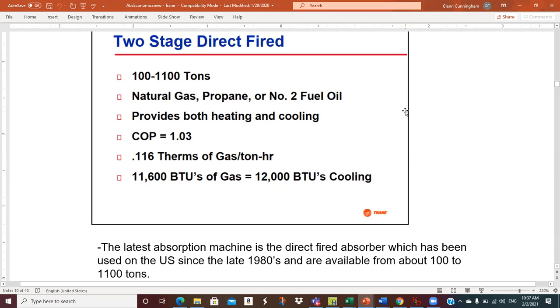But this number 6 stuff, they're not going to design one of these for number 6. I think the temperature is about 175 degrees. So all of your pipes that carry number 6, you have to do steam tracing. You put steam lines or electric or something around there, and then put insulation over it so that you can heat it to 175, 180 degrees so that you can pump it.